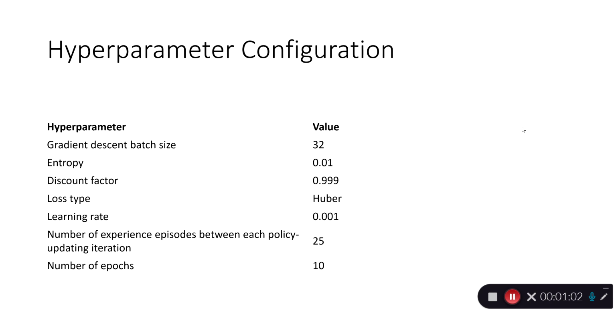And then I increased the learning rate to 0.001 and increased the number of experience episodes between the policy updates to 25 from 20 because I wanted to include more experience for all of the individual updates. And then the number of epochs was the maximum value set at 10.